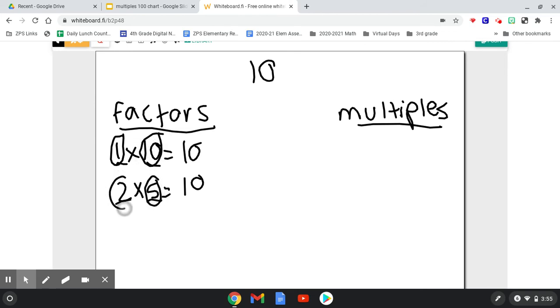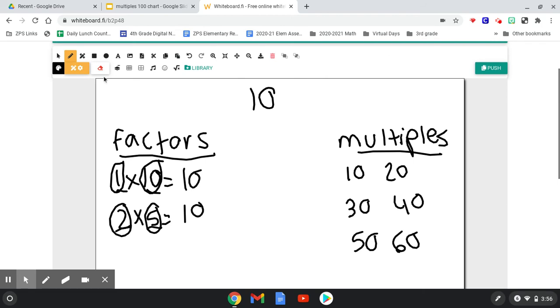There's 4 numbers that I can multiply to get the answer. Multiples, we're going to start with the number that I gave you, and we're just going to count by that number. Now, usually I'd only ask for maybe 5 or 6 numbers, but you could keep going. They're still multiples. Let's try one more, and then I'll have you do a different activity.